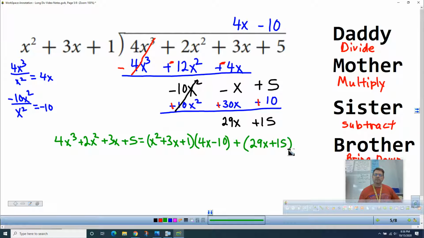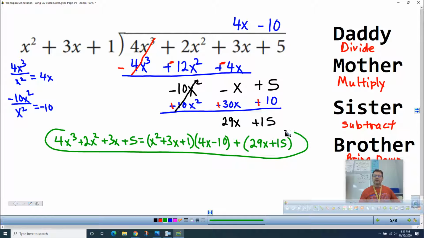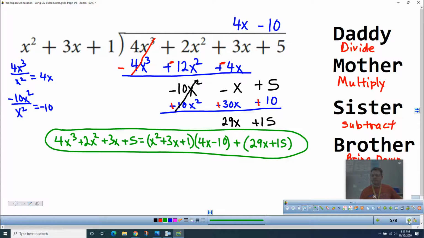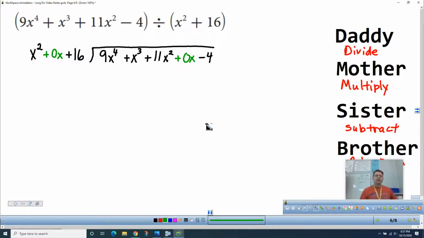Okay, so if I multiplied all that out and simplified it, and then combined like terms with 29x and 15, I should get back what I started with. Okay, so that is another format. Just which one's the best depends on the instructions or your situation. So I wouldn't say one's best over the other. Okay. All right. Here's another one.